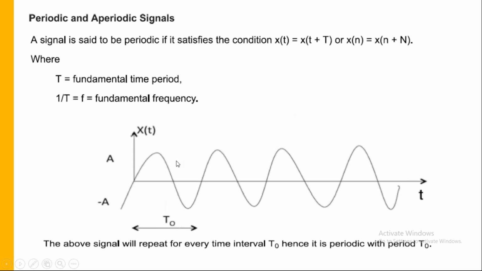So if a waveform repeats like this for every time period capital T, such a signal you can call a periodic signal. You have to tell from the waveform only. Here we have 0, here pi by 2, here pi, 3 pi by 2, and 2 pi. Again at 2 pi, my waveform is 0.